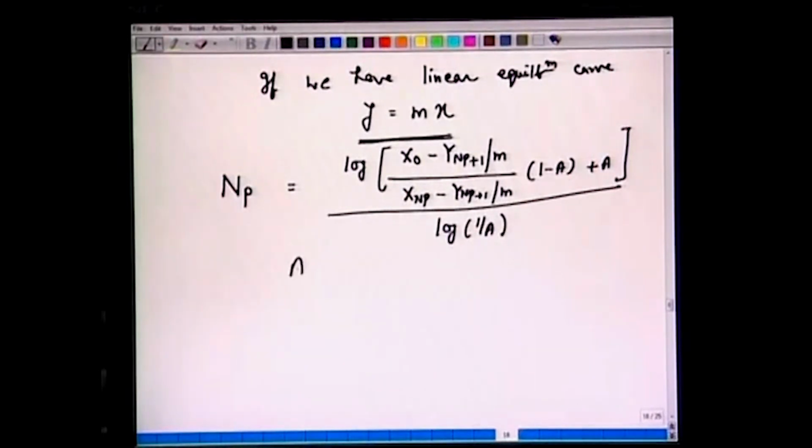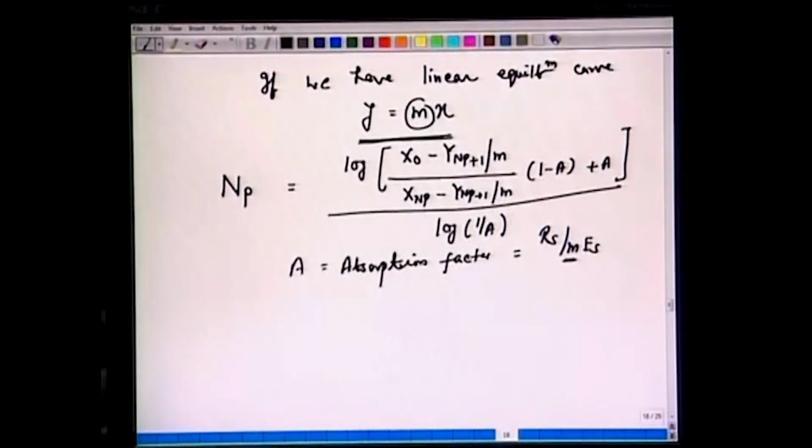So, this A is called the absorption factor, and it is given as Rs over m Es. So, m is the slope of the curve. We are assuming it is linear, a constant over the range we are considering.